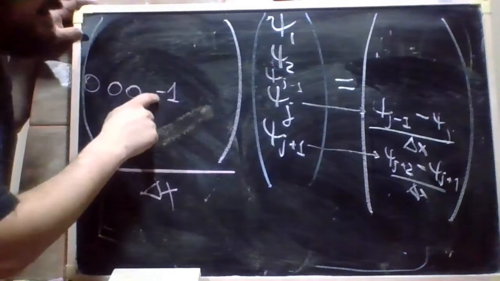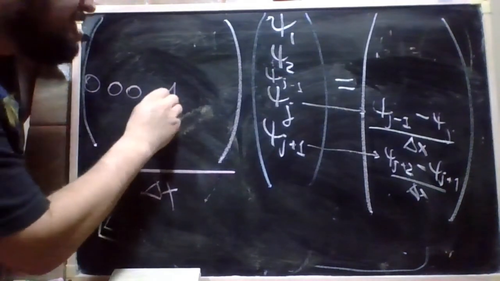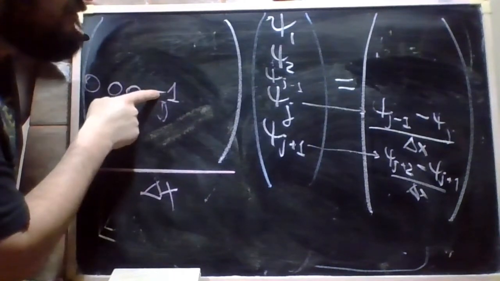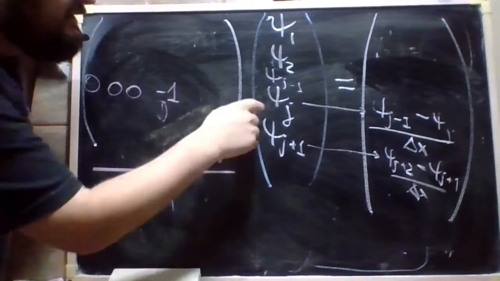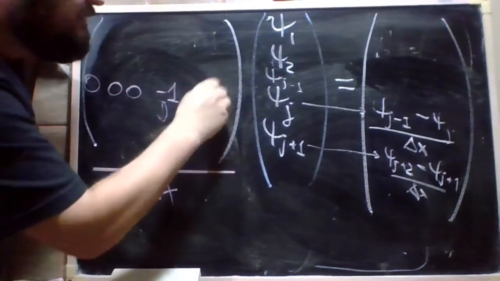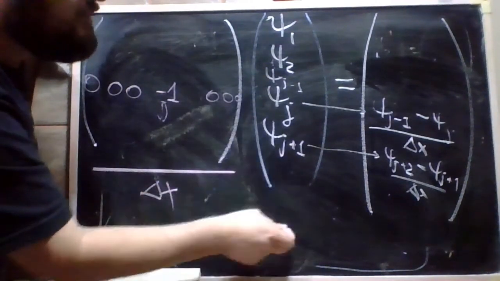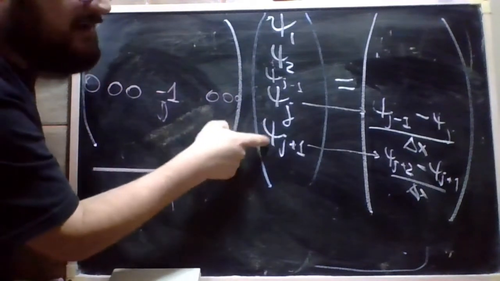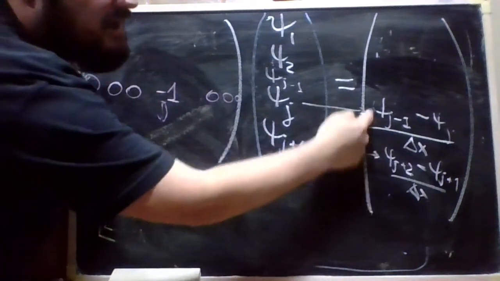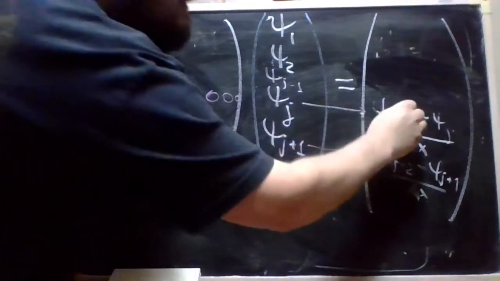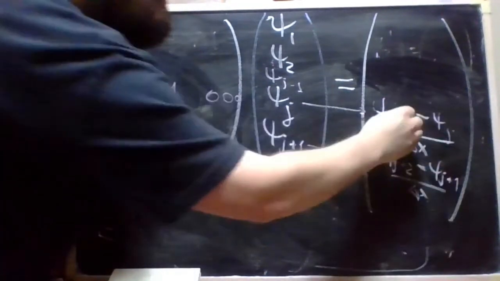So in the jj component of this matrix, you must have a -1. And now I follow the multiplication, zeros for j plus 2, j plus 3. So multiplying j plus 1, I must have a 1 here. Sorry, this is plus 1 minus psi j.